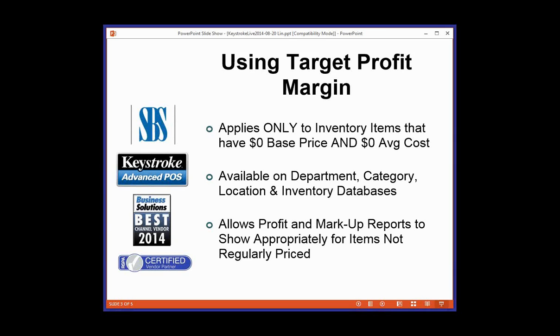What this allows for these inventory items with a $0 cost and price is that your profit reports and sales markup reports show the profit and markup appropriately, instead of a profit of all asterisks or a markup that's really high if you sell it for $10 and the cost is $0.